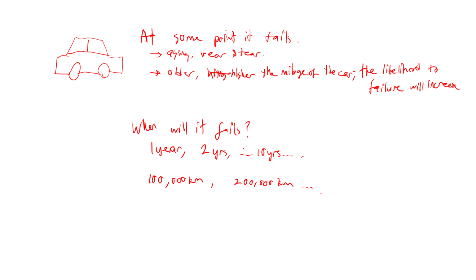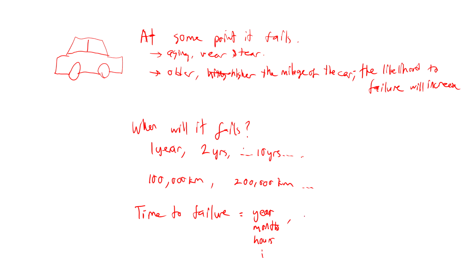When it fails, so the time to failure, you can use calendar time, like in this example I gave, year as the time to failure. It could be months or hours, and so on.